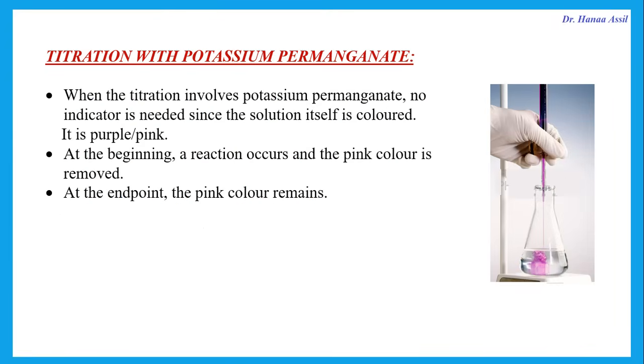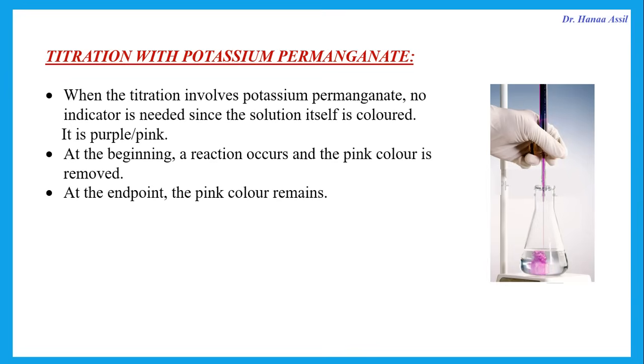We could also have titration with potassium permanganate, and you should know that potassium permanganate originally is purple. So in this case, we do not need an indicator. We say this is self-indicating. So no indicator is needed if I'm titrating with potassium permanganate. Now at the beginning, a reaction occurs and the pink color is removed. So I have in my flask a reagent that will react with the potassium permanganate.